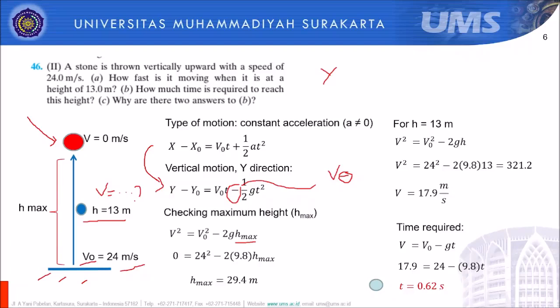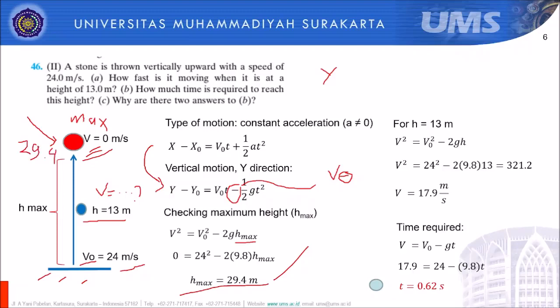At the maximum point, the velocity is 0. So this is 0 minus 24 squared, and so on. So you have the maximum height is 29.4.